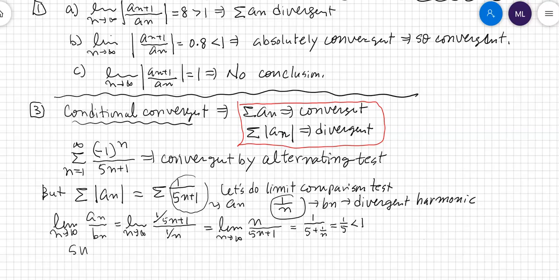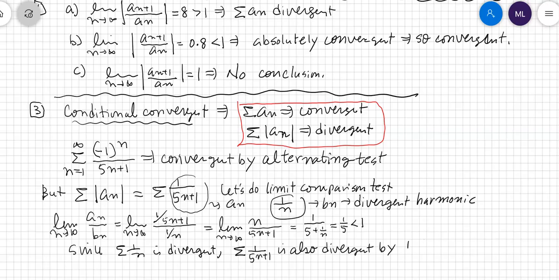Since the summation of 1 over n is divergent, the summation of 1 over 5n plus 1 is also divergent by what? Limit comparison test. Okay, all right, so that is number 3.